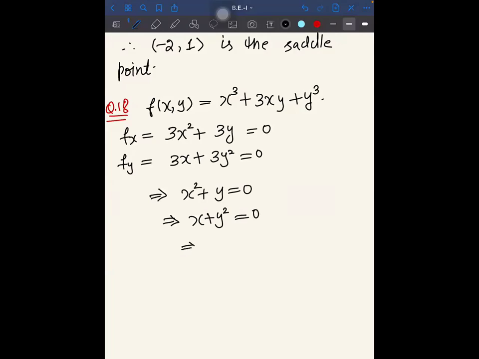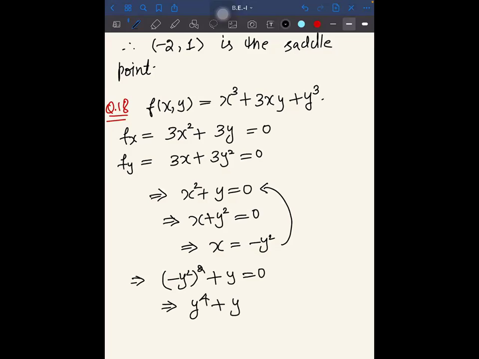So the value of x is minus y square, right? Are you with me? Okay. So let's put x equal to minus y square over here. So minus y square plus y is equal to 0. So that becomes y to the 4 plus y equal to 0, which becomes y into y cube plus 1 equal to 0.